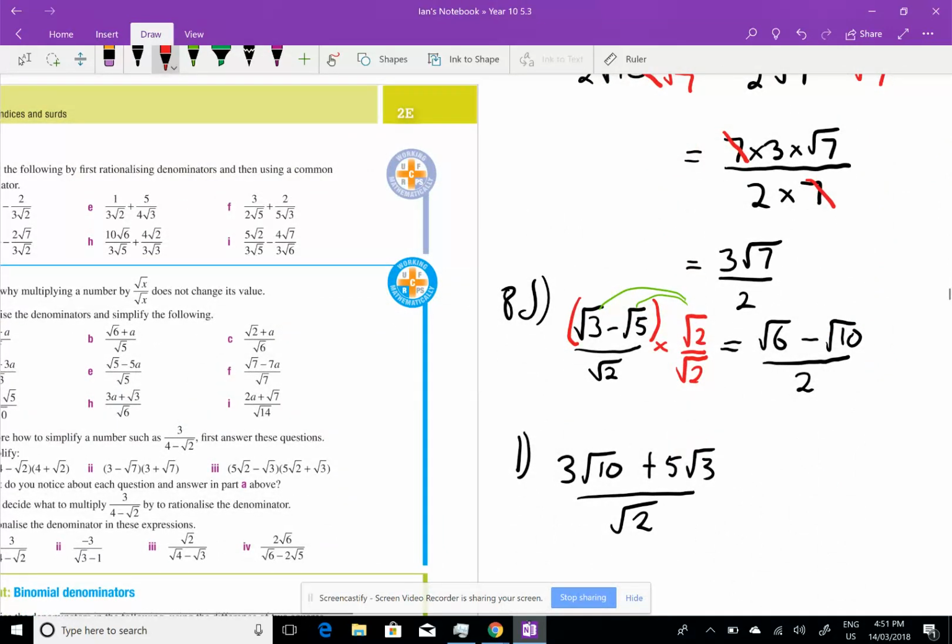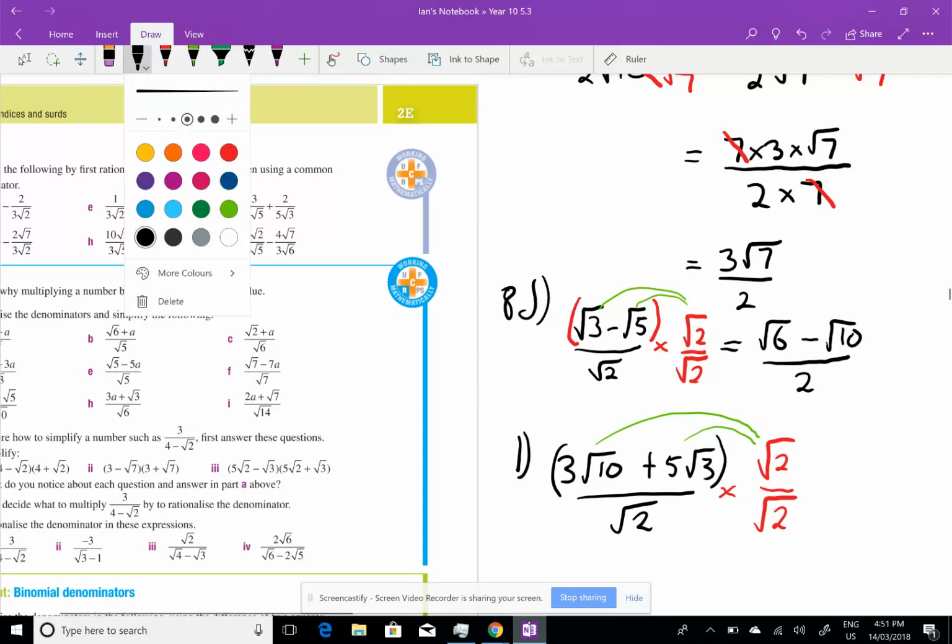Again, all you're going to do is look at the denominator, root 2 on root 2. And again, we know that is grouped. And we have to do root 2 times both of those things in there.